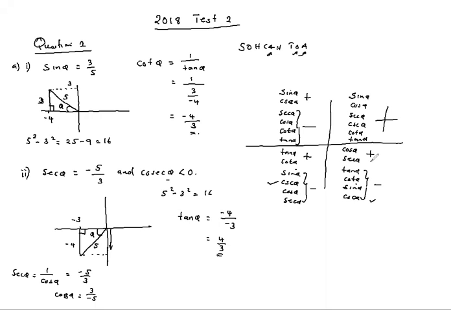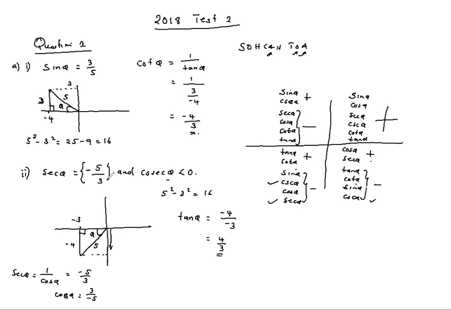So it can only be this quadrant where they are all negative. So for this question, we have to look at both cosec and sec where they are negative? Yes, because sec is -5/3, and cosec is less than 0, meaning it's negative.